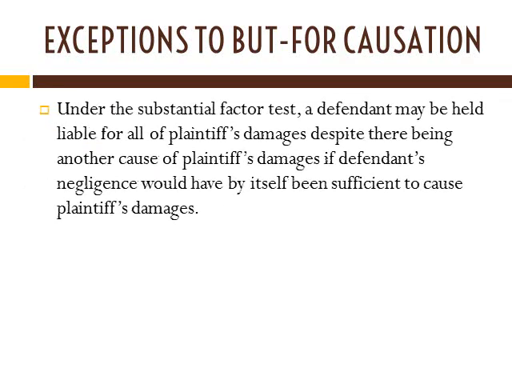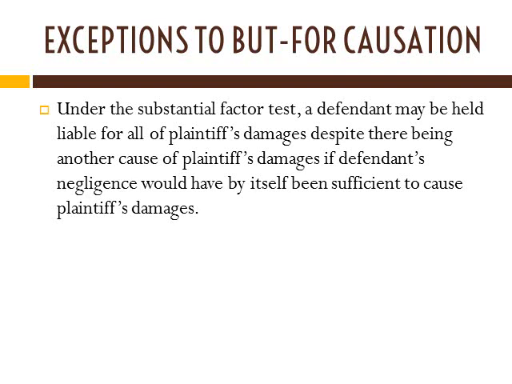So this is a second exception to but-for causation. When the plaintiff cannot show but-for causation because there was more than one cause of plaintiff's damages, the plaintiff can recover nonetheless through the substantial factor test if defendant's negligence would have been by itself sufficient to cause plaintiff's damages.